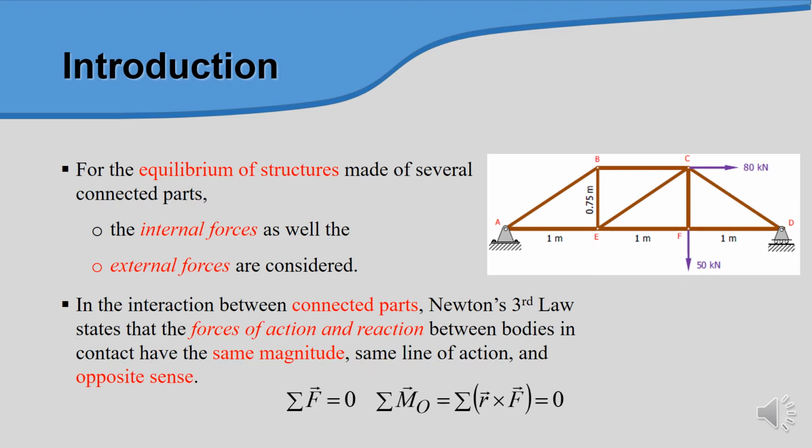In the interaction between connected parts, Newton's third law states that the forces of action and reaction between bodies in contact have the same magnitude, same line of action, and opposite sense. That means opposite direction. So in this Newton's third law, we need to utilize that the net force is in equilibrium, equal to zero, and the sum of moments at a certain point is equal to zero.